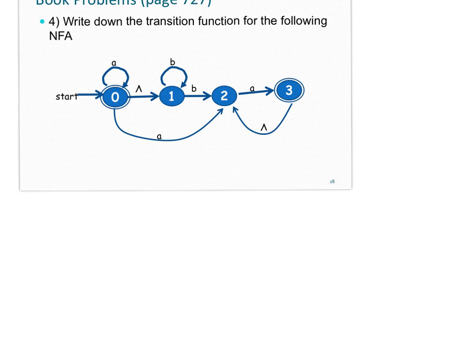If I'm at state 1, there's no way on A. B can go to states 1 or 2, and there are no lambda transitions from state 1, so that gets the empty set. If I'm at state 2, 2 on A can get me to state 3, and there's no other outputs from state 2, so those are both empty set. And finally, 3 only has one output, which is a lambda transition from state 3 to state 2. Otherwise, we've got the empty set.